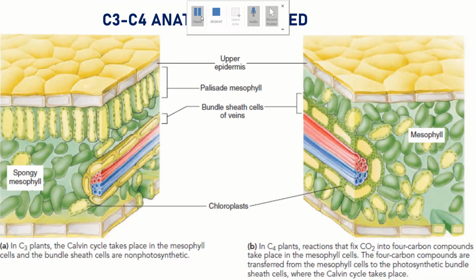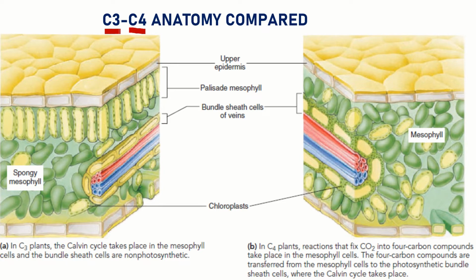And in order to avoid photorespiration, some types of adaptations have been developed, and a new pathway itself is evolved. We call it C4 pathway. You can see here C4 pathway. What is C3 pathway?